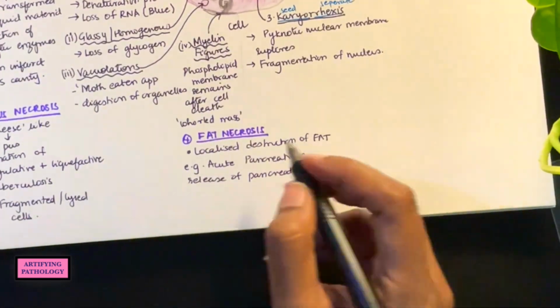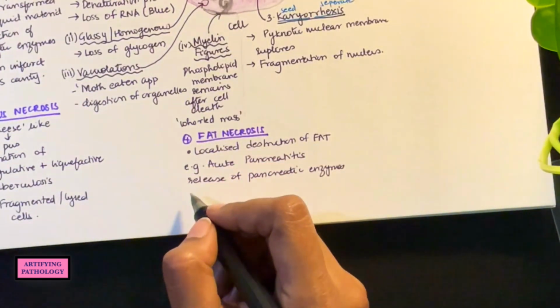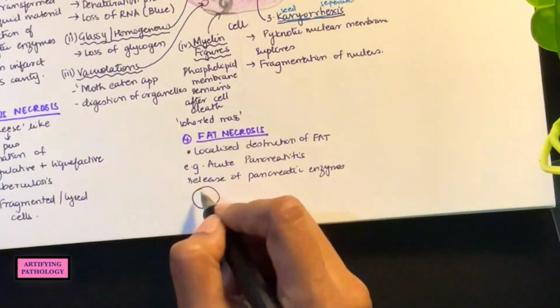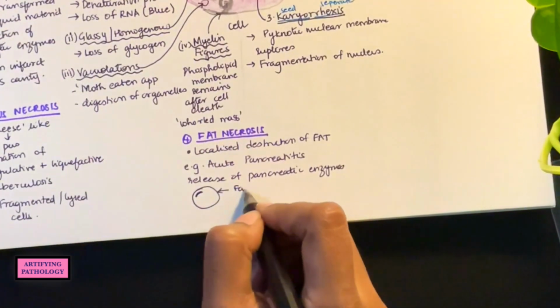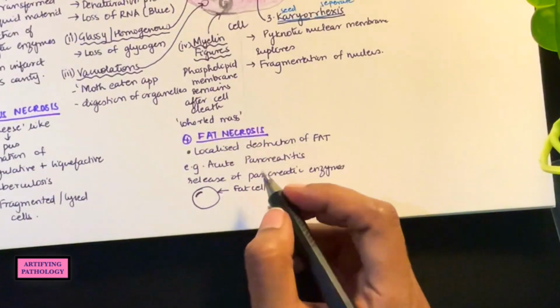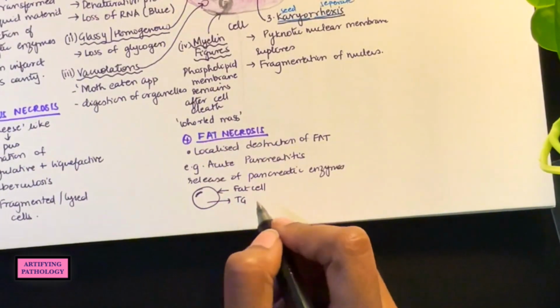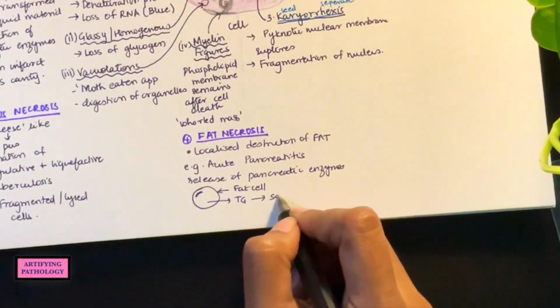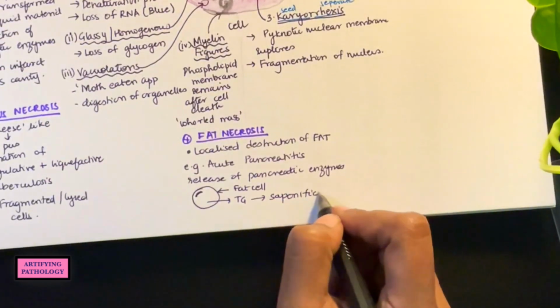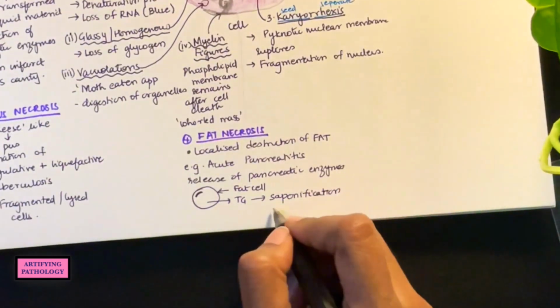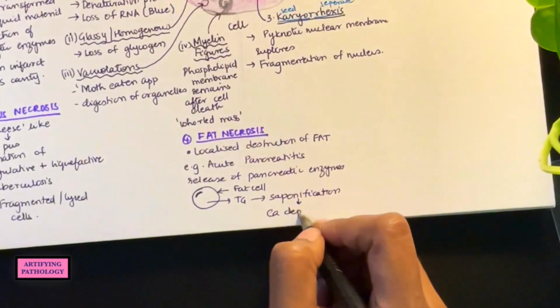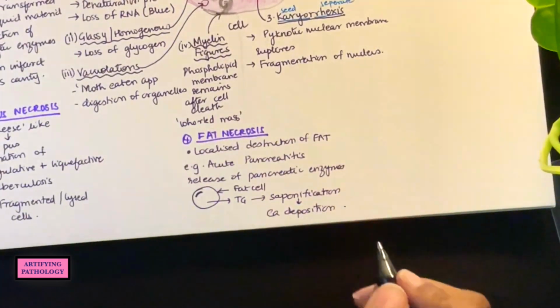These enzymes attack the fat cell, and this is the fat cell. After the action of pancreatic enzymes, there is release of triglycerides. These triglycerides undergo saponification, and there is calcium deposition which is seen.